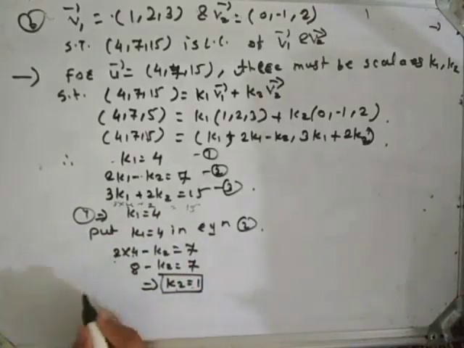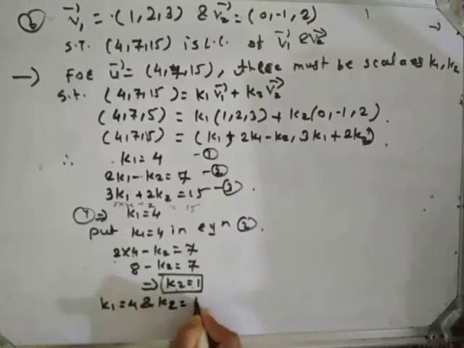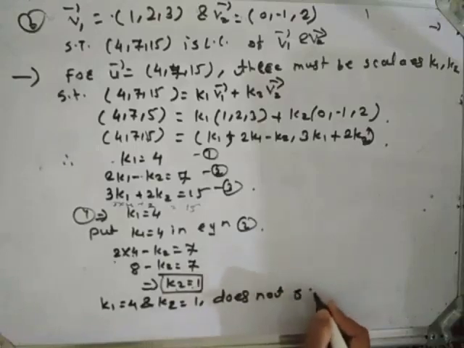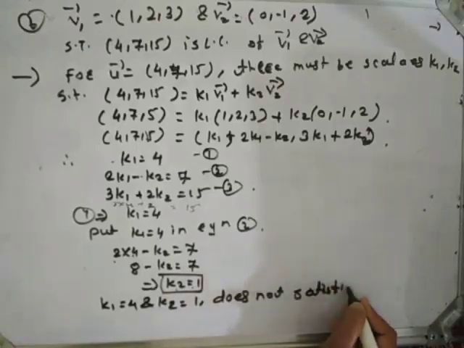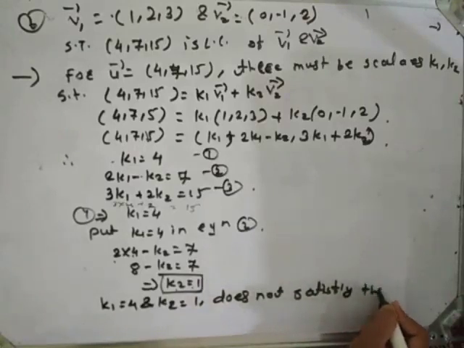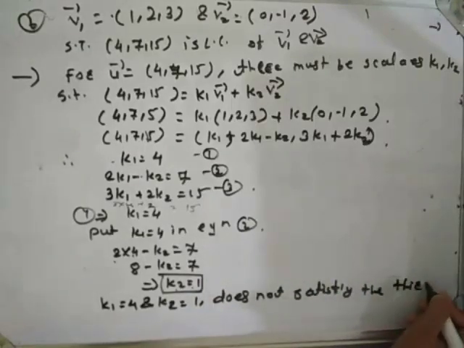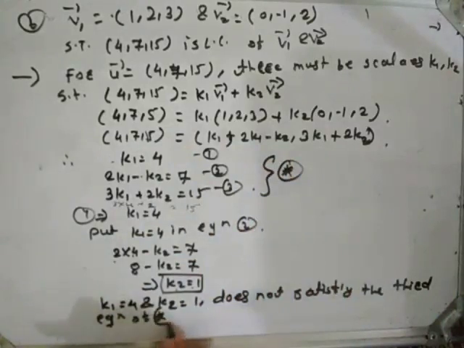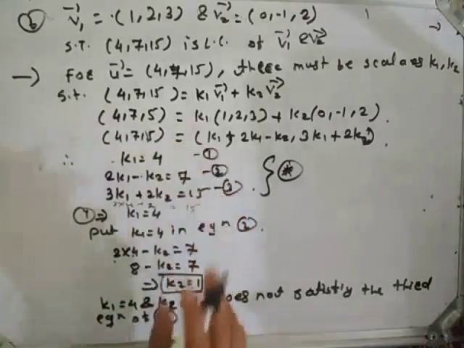Means what? k1 equal to 4 and k2 equal to 1 does not satisfy the third equation. Suppose we call this system star. Okay, hence it is inconsistent, meaning this system has no solution.